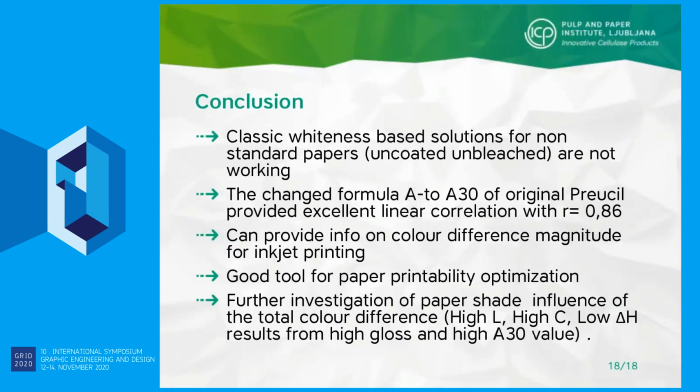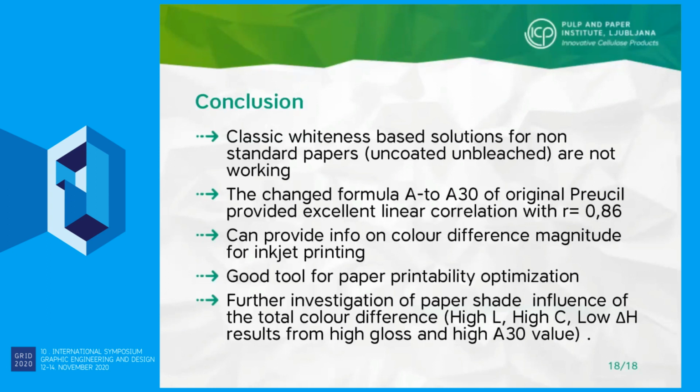And this can provide info on color difference magnitude for inkjet printing. I will say magnitude, not correctness. So it is a very rough tool, but you know in which quadrant you are. It's a very good tool for paper printing optimization.